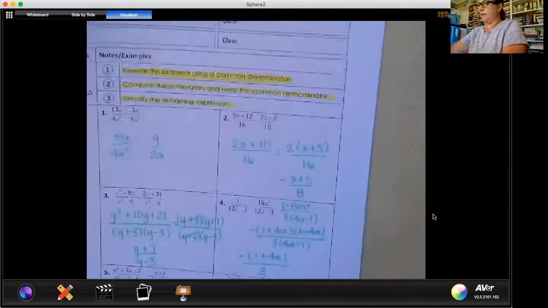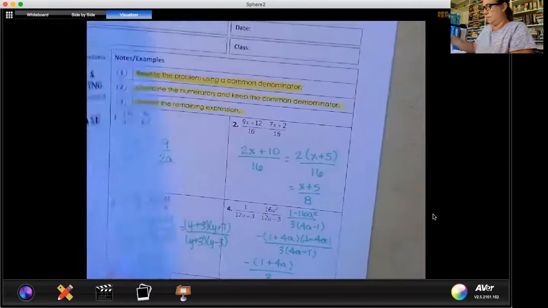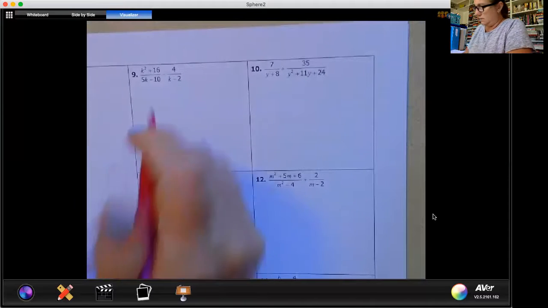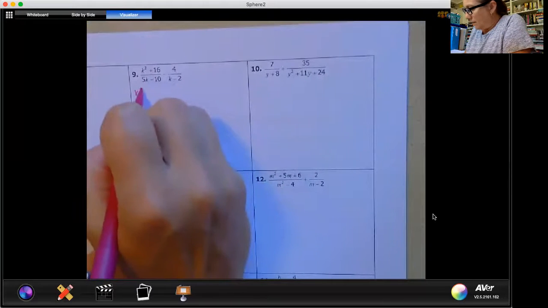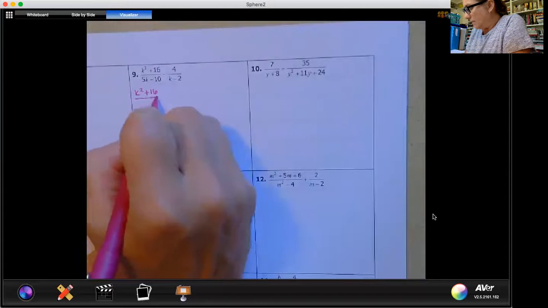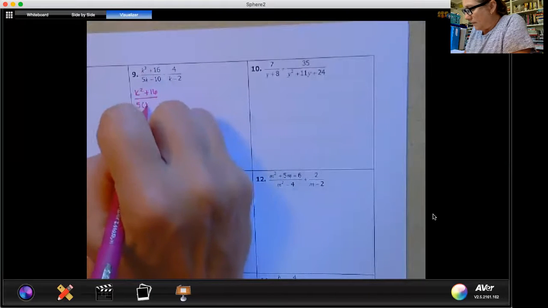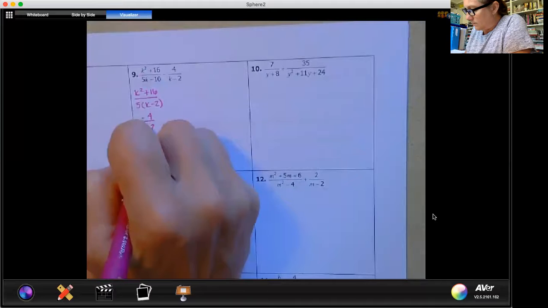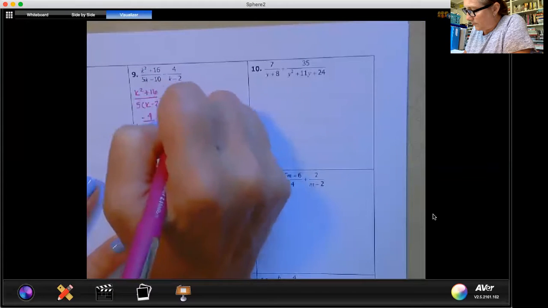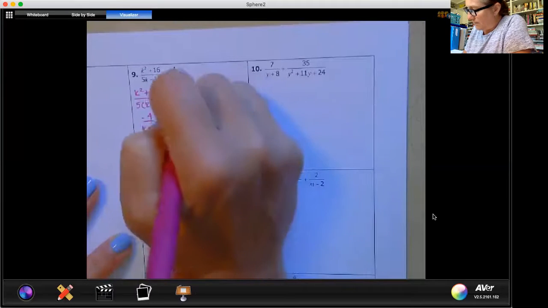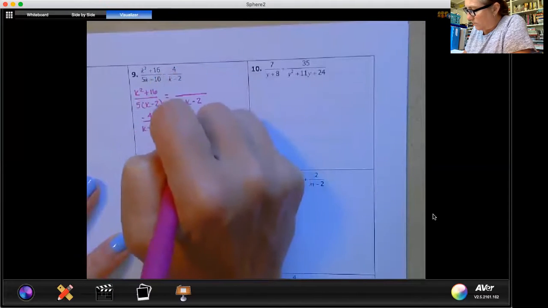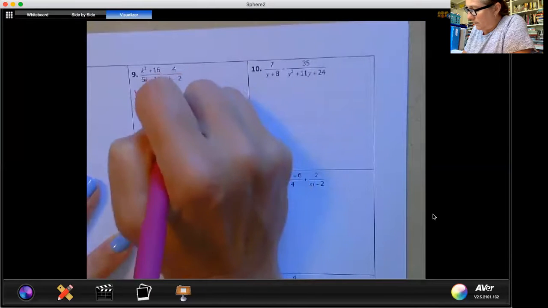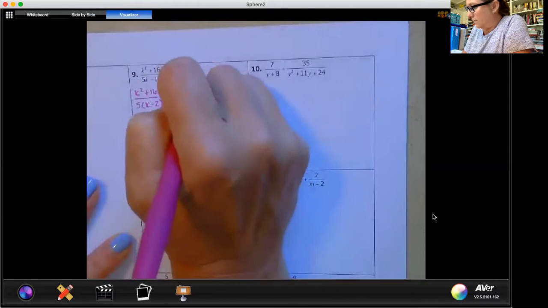All right, we're going to take a look here at some that are getting a little bit tougher here on the back. So we have k squared plus 16 over 5 times k minus 2 minus 4 over k minus 2. So our common factor is k minus 2, and then what's left is the 5. And these are the same, so the numerator stays the same.